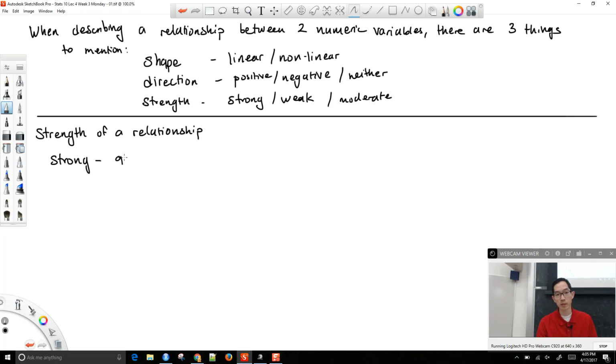Given the value of one variable, we can make fairly accurate predictions of the other variable.